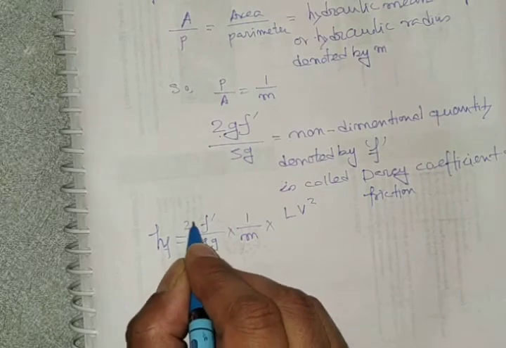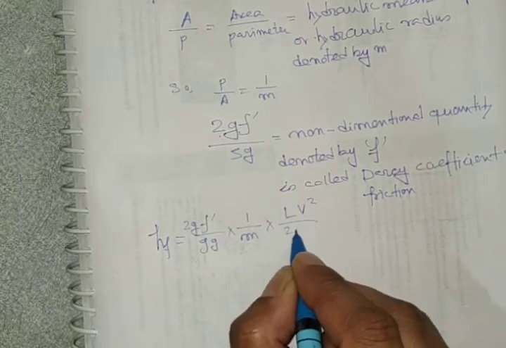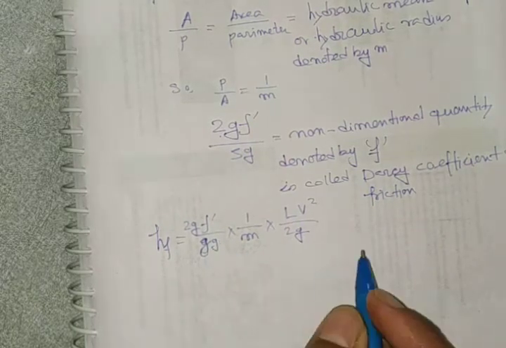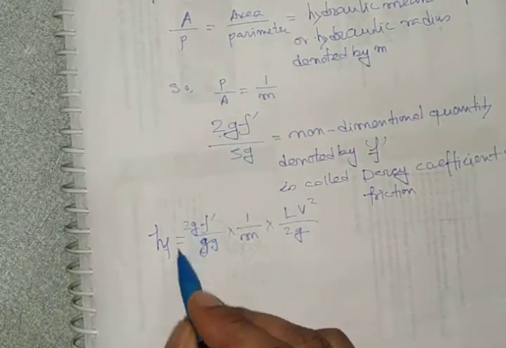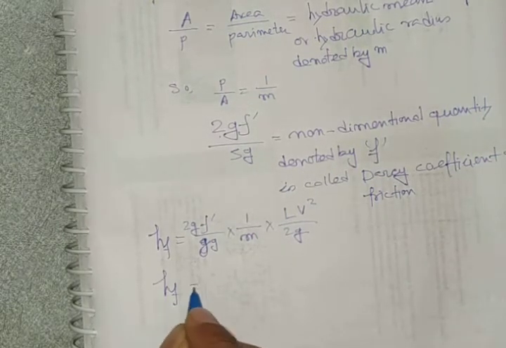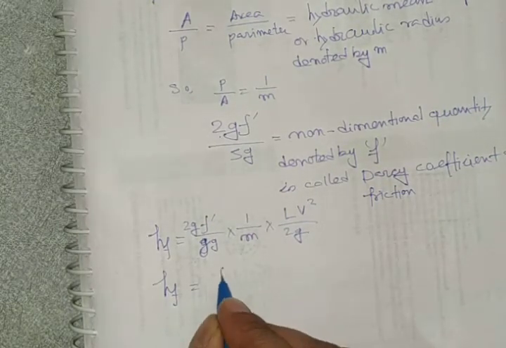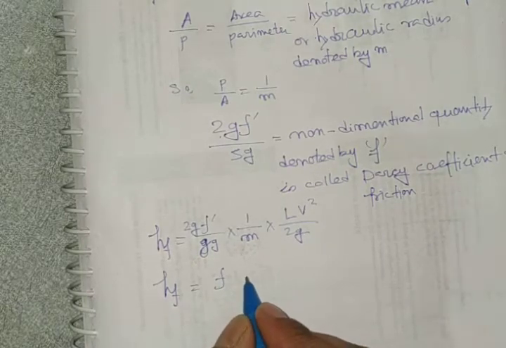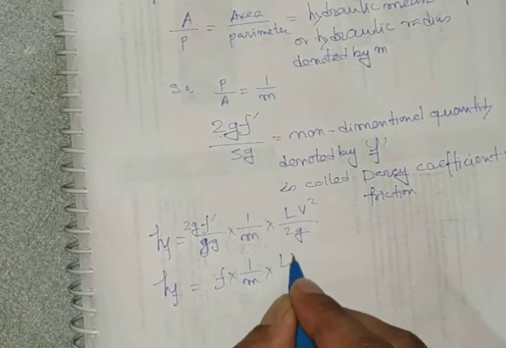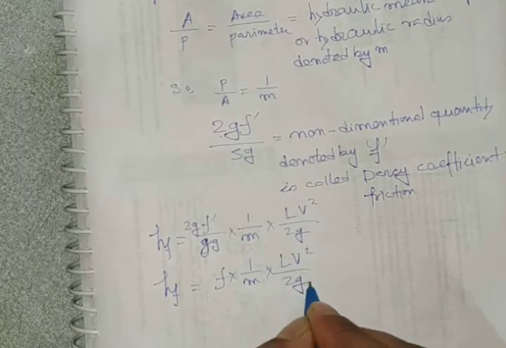Here you multiply by 2g, and here also by 2g, so you can replace this by f. So hf is equal to f into 1 by m into L V square by 2g.